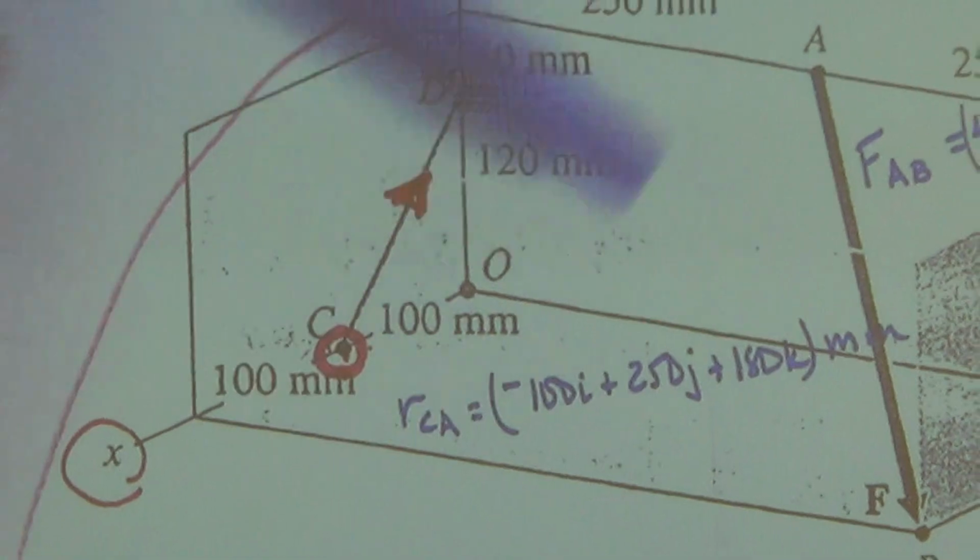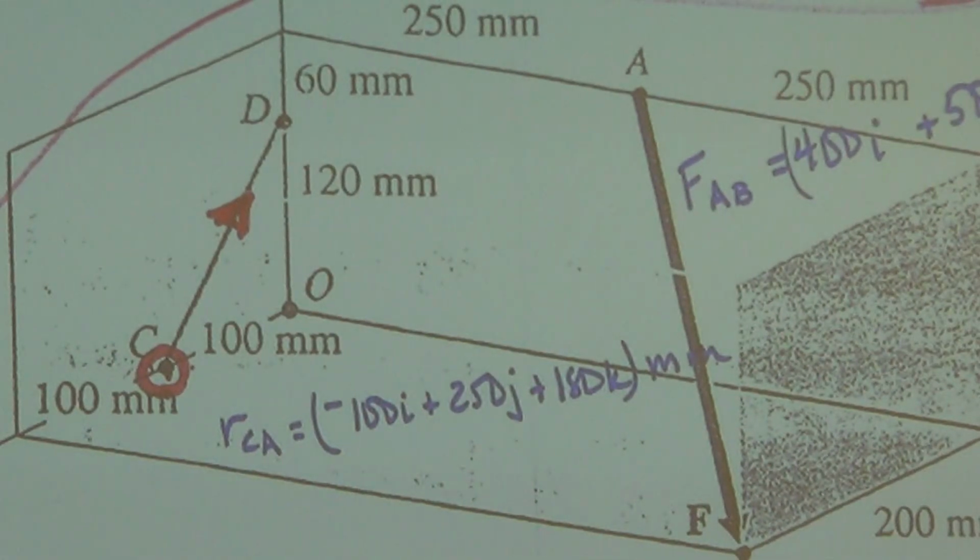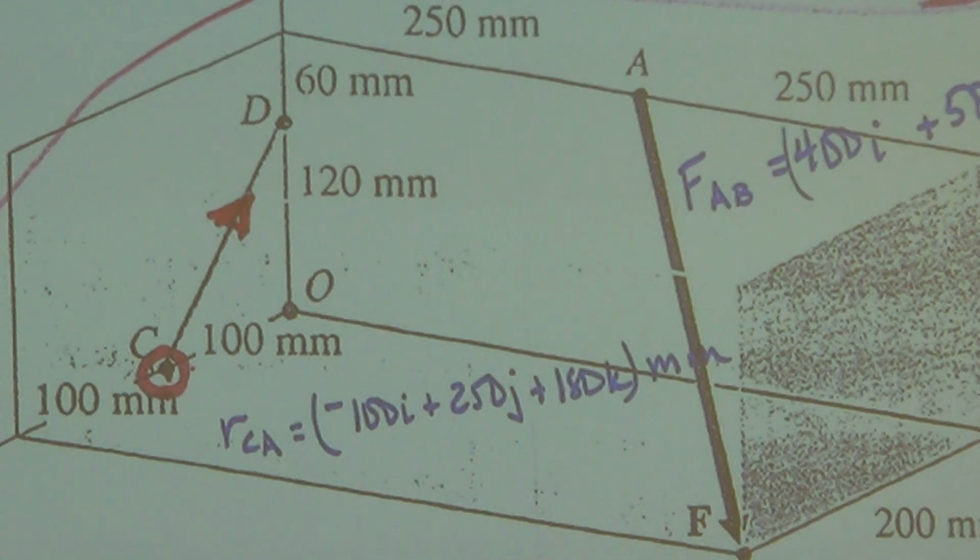The force is going down towards us to the right, and line CD is going away from us up. If we got a moment about line CD of 0, what does that mean about the relationship between the force and the line? 90 degrees? They're either parallel, right?